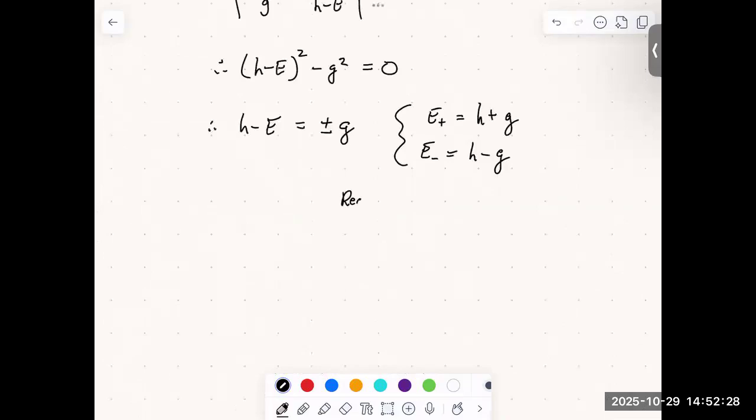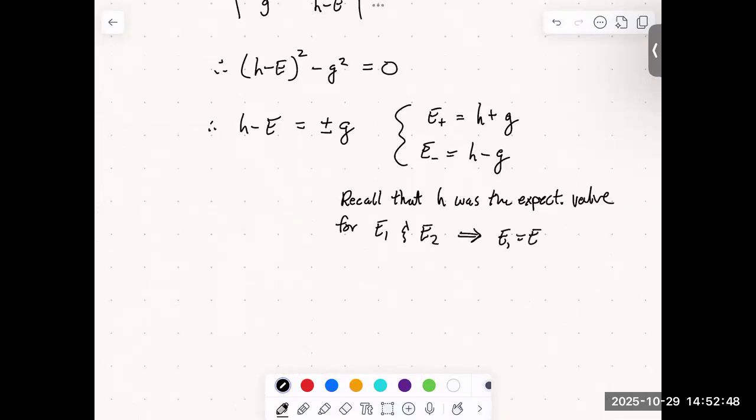So let's recall that H was the expectation value for E1 and E2. And so we said E1 is equal to E2 is equal to H, and this was for isolated, non-interacting states, if you like.